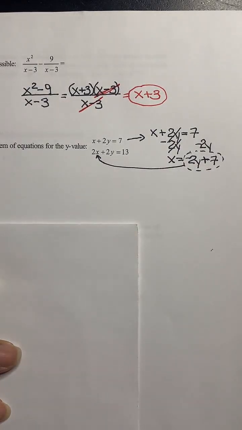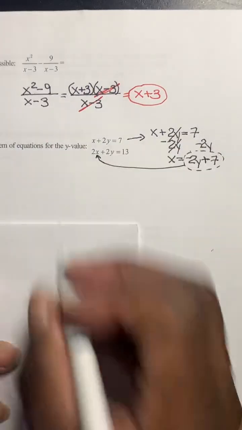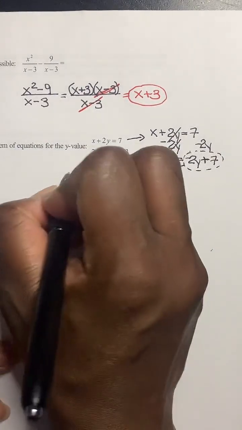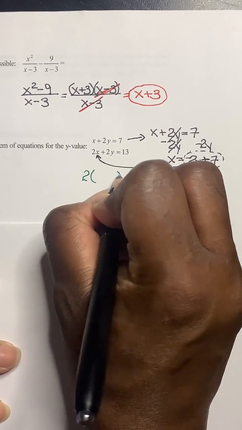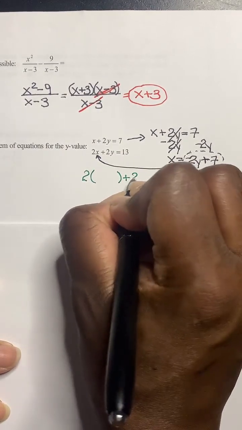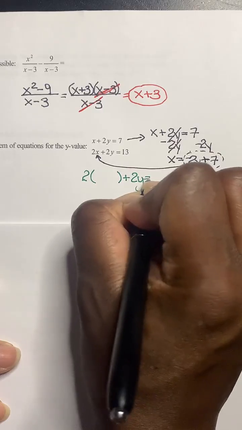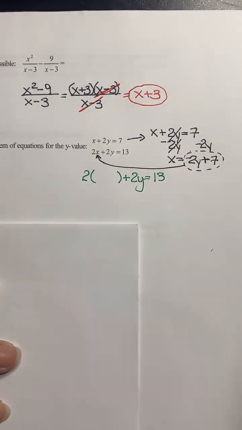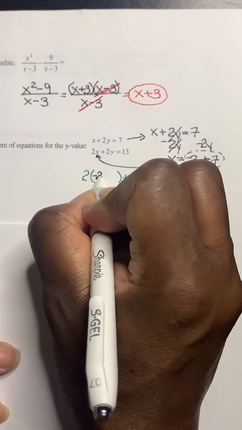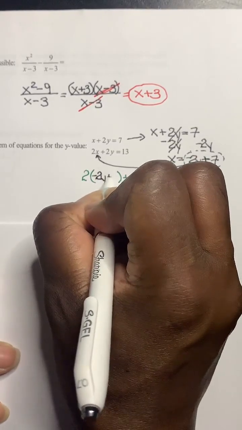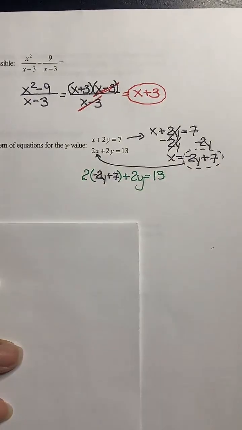So it's going to look like this. So we have 2 parentheses plus 2y equals 13. And we're going to plug in that negative 2y plus 7 inside that parenthesis.